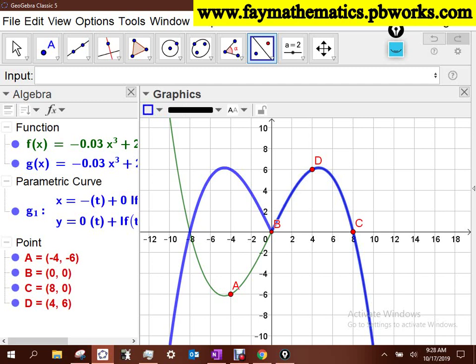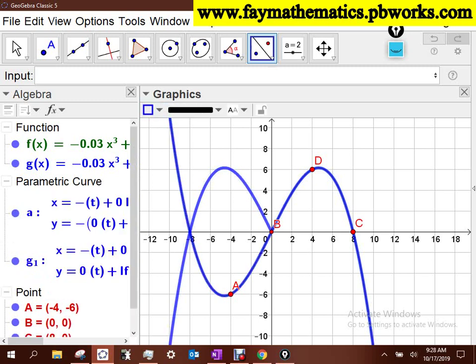And then once I reflect it across the y-axis, I'm going to reflect it across the x-axis. And what happens there is we get the other branch of the curve. Does that make sense? So the way I'm highlighting that is that we did a y-axis followed by an x-axis reflection.